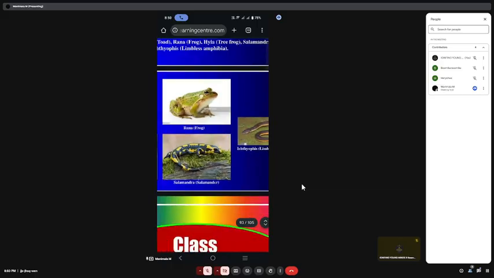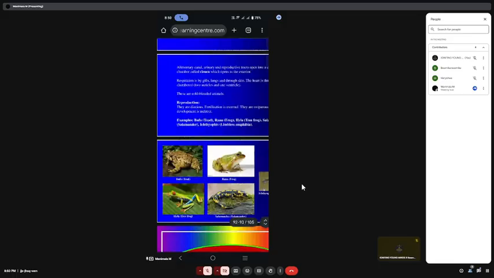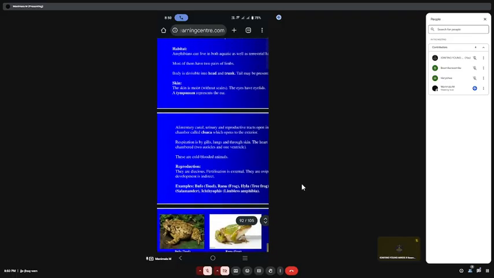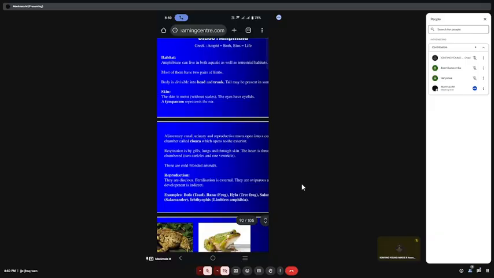They have two pairs of limbs, and these limbs are very important during life for movement and everything.